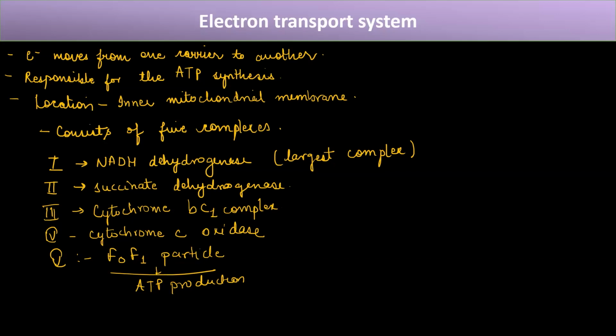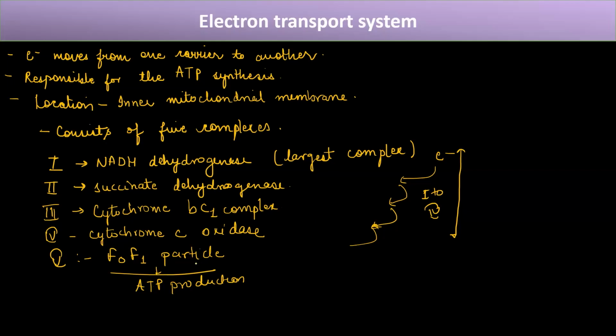Now we have understood what the complexes involved in the electron transport system are. In simple terms, the electron will move from one complex to the next, then the next, and ultimately it gets accepted. From first to fourth, the movement of electrons takes place. But the F0F1 particle is located there, and here no electron transport takes place. Instead, hydrogen ion transport takes place, which leads to ATP production.